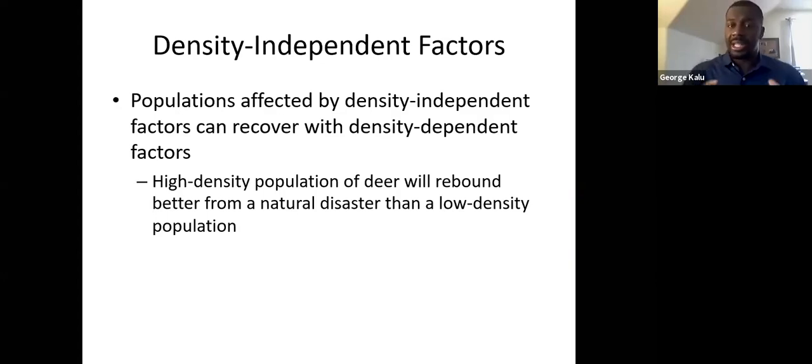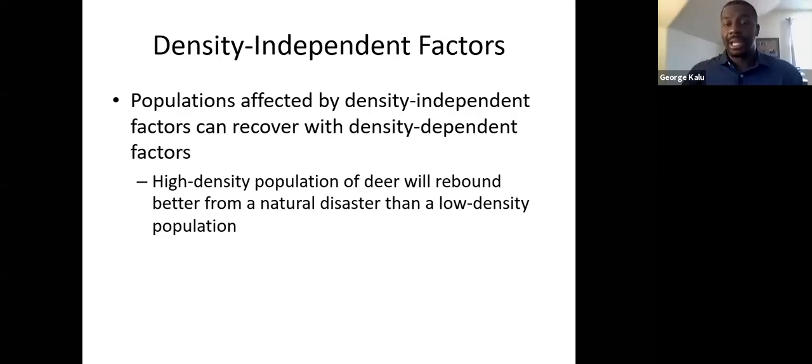This is where we see the intertwining between density dependent factors and density independent factors. For example, if we have a forest fire in a high density population of deer, their population is going to be able to rebound a lot better after the fire because there's going to be more survivors than in a low density population. In a low density population, you're only going to have a few survivors, and it's going to be harder to get your population size back up to its original level.